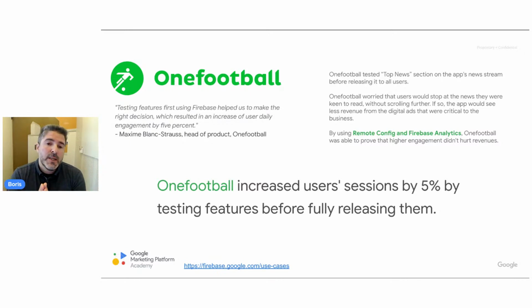If so, the concern was that the app would see less revenue from digital ads. It's critical for business. By using Remote Config, Firebase Analytics, and A/B testing, OneFootball was able to prove that higher engagement doesn't hurt their revenues. Just one of many examples. You can see more use cases in our documentation.